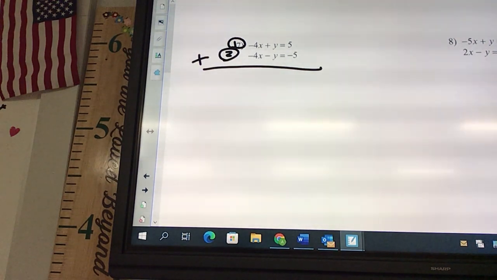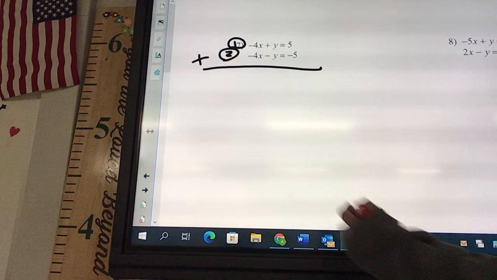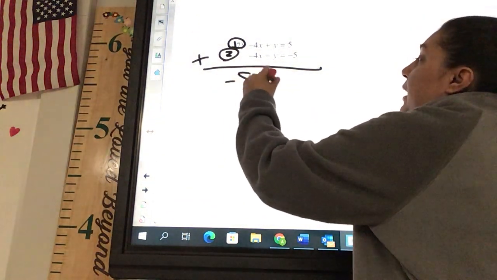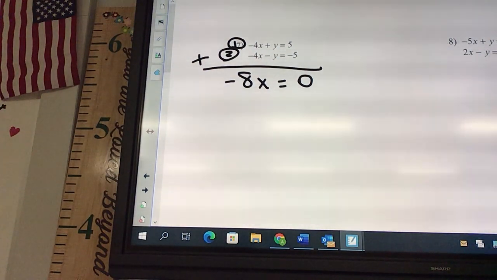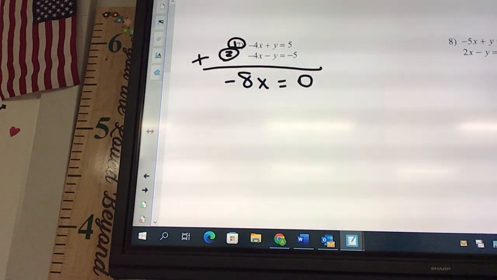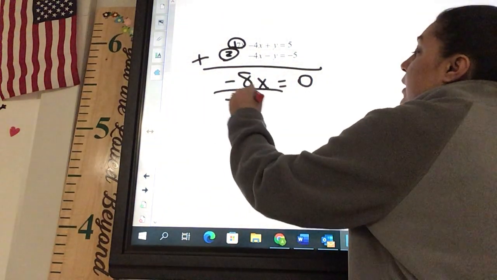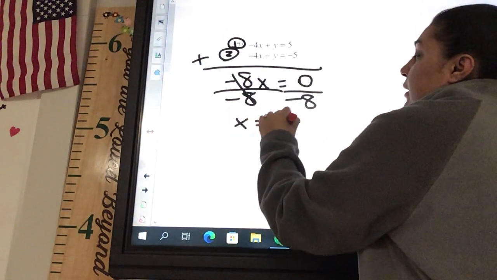So that's not actually gonna cancel. So I got a positive 1y and a negative 1y, those would cancel. So I'm gonna get -8x equals 0. Okay, and then we're gonna divide by -8. So we get x equals 0.